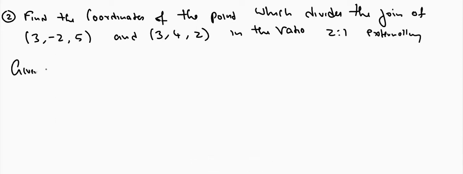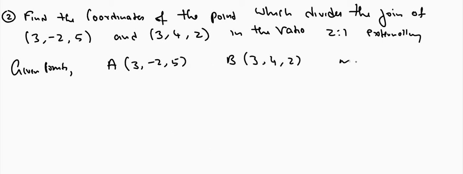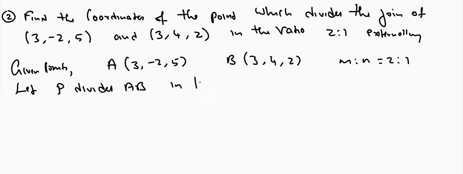Given points, let it be capital A (3, -2, 5) and B (3, 4, 2), and m:n is equal to 2:1 externally. Let P divide AB in the ratio 2:1 externally.